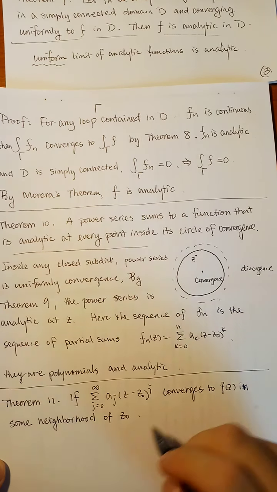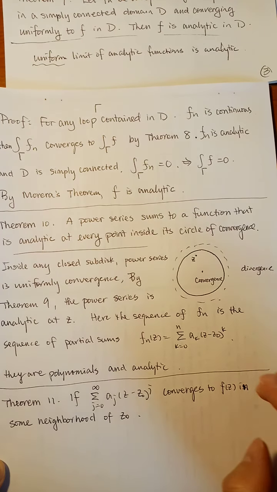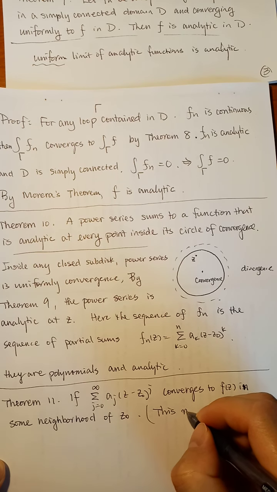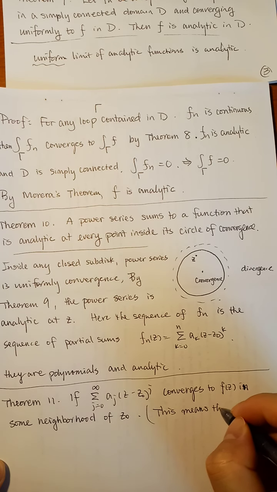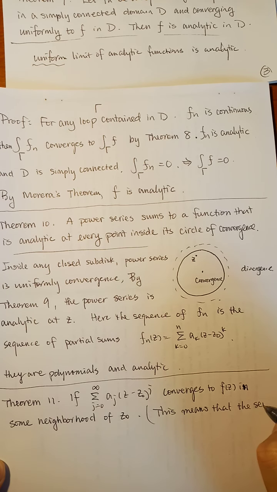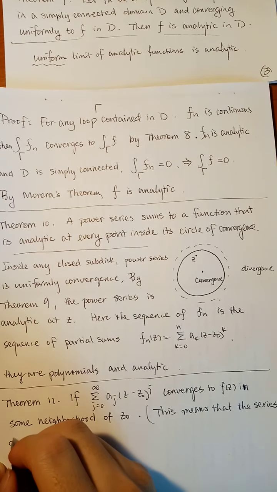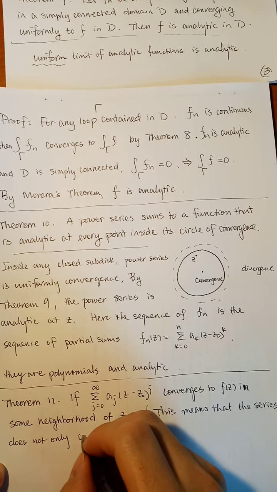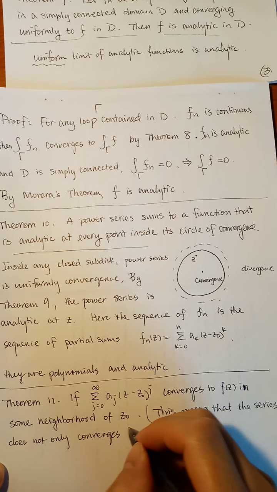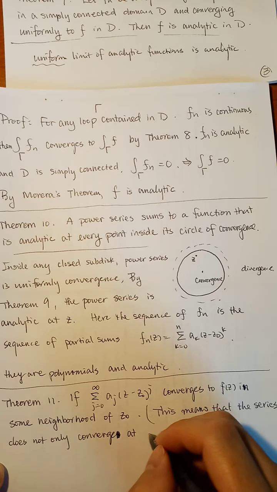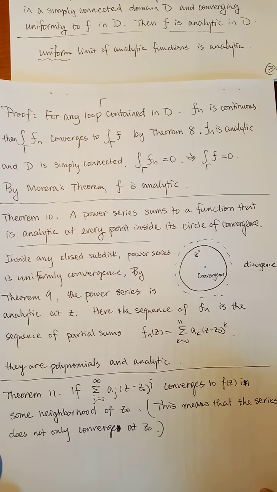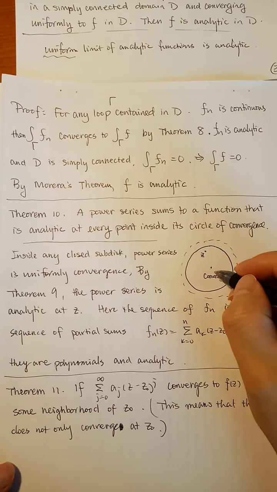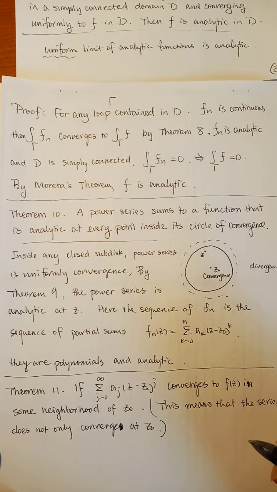actually, this just means the series does not only converge at z0. It converges in a small region that contains other points, not just z0.